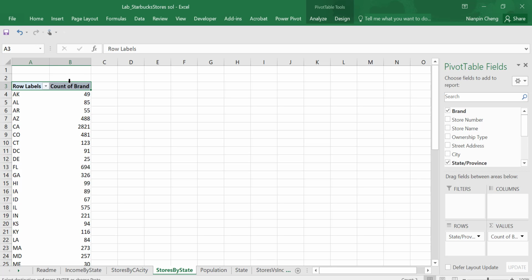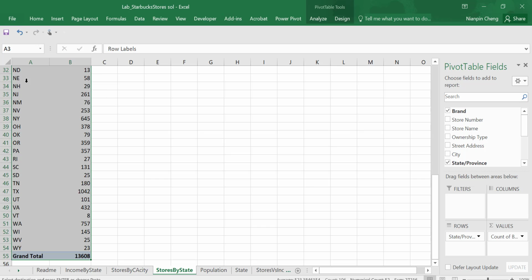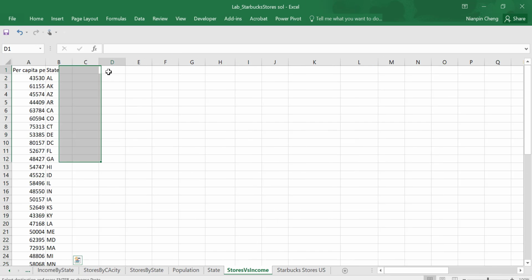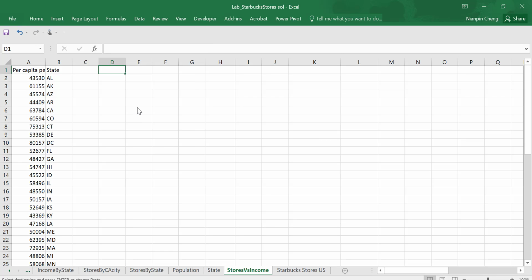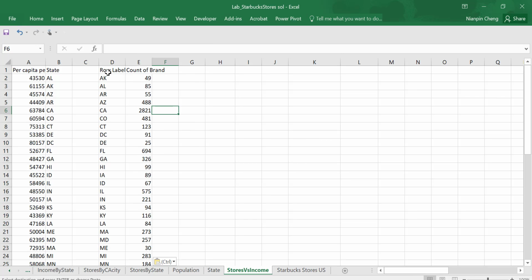I need to get all this information and also put it here. So just paste the value, okay, not paste the table. And also this is state. And this is the number of stores, just number of stores.